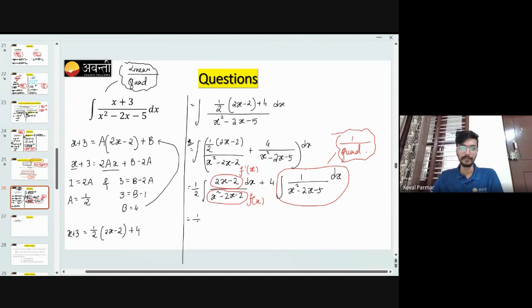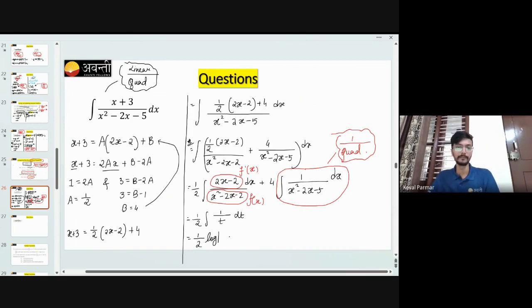I will get 1 upon 2 integration of 1 upon t dt, because we put f of x equal to t, and this will be dt. So I will basically get 1 upon 2 times the integration of 1 upon t, which is log of t. But I will not write t because we have to resubstitute t.